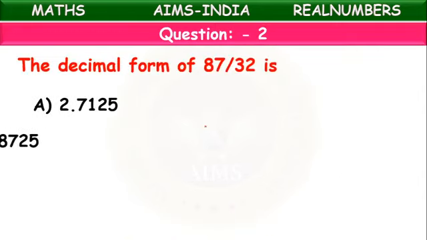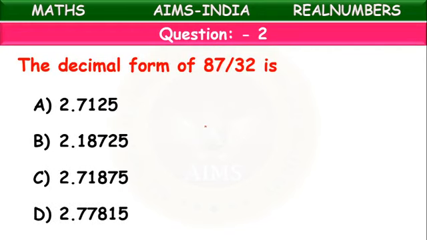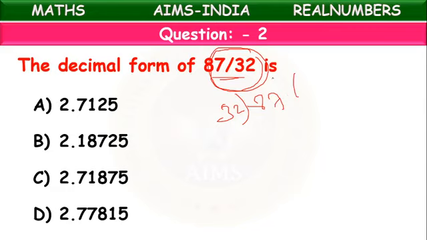Next. The decimal form of 87 by 32. So we have to divide 87 by 32. 32 2 times, 64. 23 will be remaining.